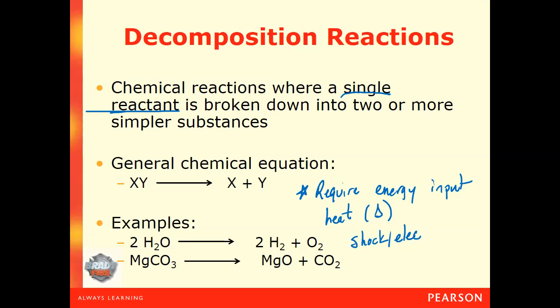So in the case of this first one, water splitting into hydrogen and oxygen, this actually occurs with electricity. You know as well as anyone that if you heat up water, it doesn't split into hydrogen and oxygen.